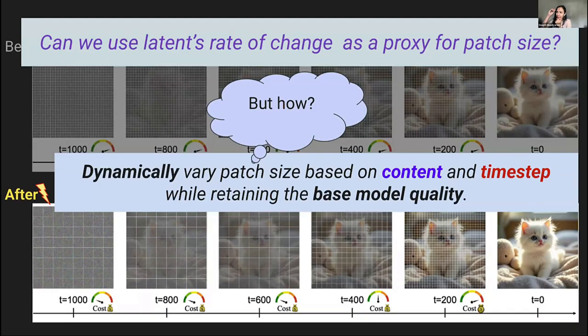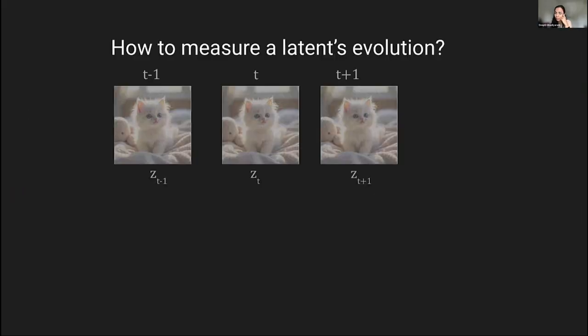Our hypothesis is: can we use the latent rate of change as a proxy to understand if there's a lot going on, or if it's a slowly evolving scene layout that's being painted out? So let me break this down further. Let's say this is the latent. I show the image, but we operate in the latent space. So this is the latent at time t.